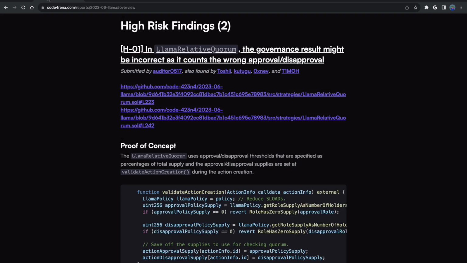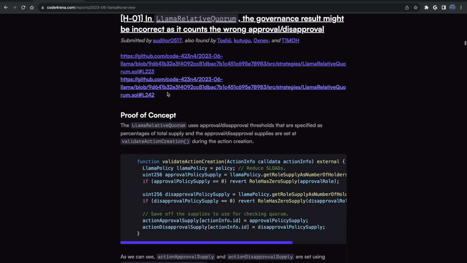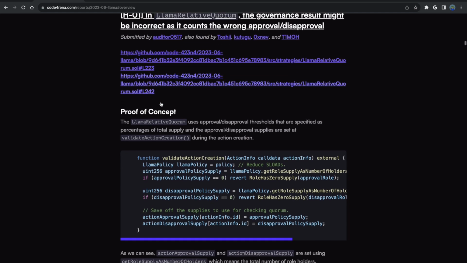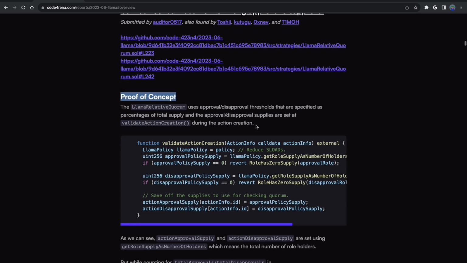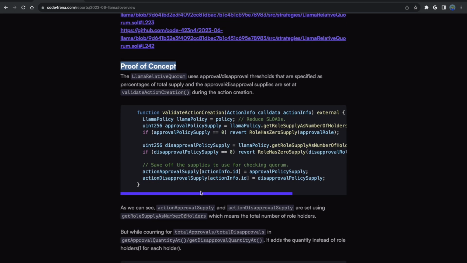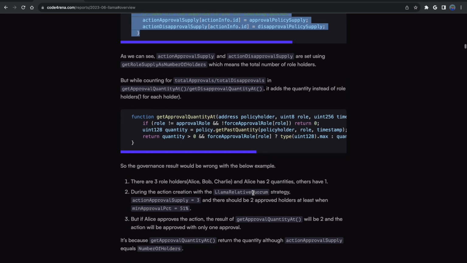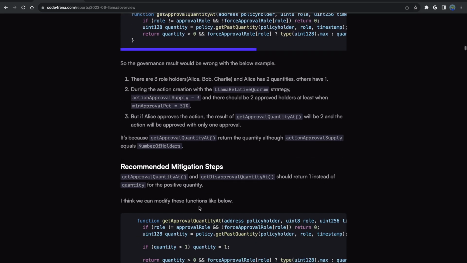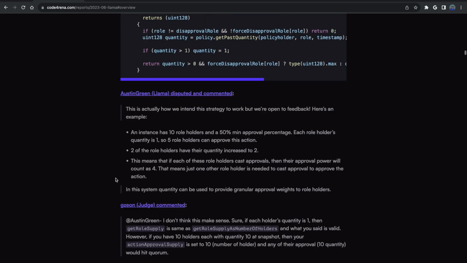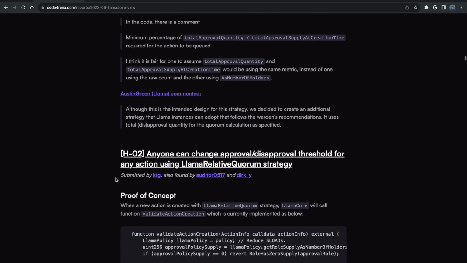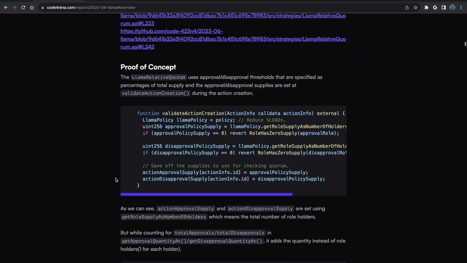So you have your title, your description, which in this case is the vulnerability details. You have a proof of concept, which tells you how this attack can be performed in the wild. Then you have your recommended mitigation steps, which is how you fix this thing, and that's it. That is essentially your audit findings.